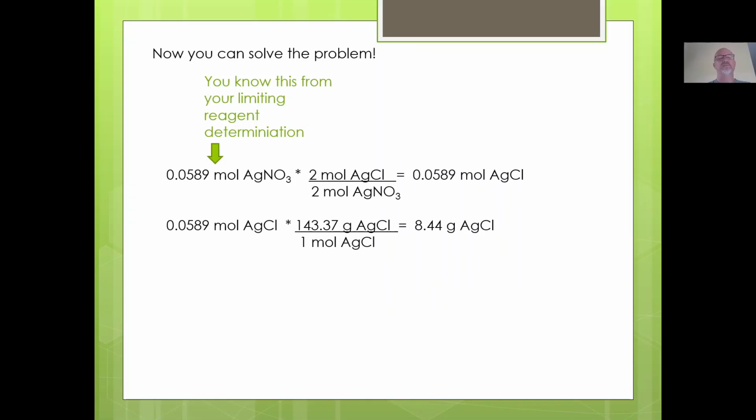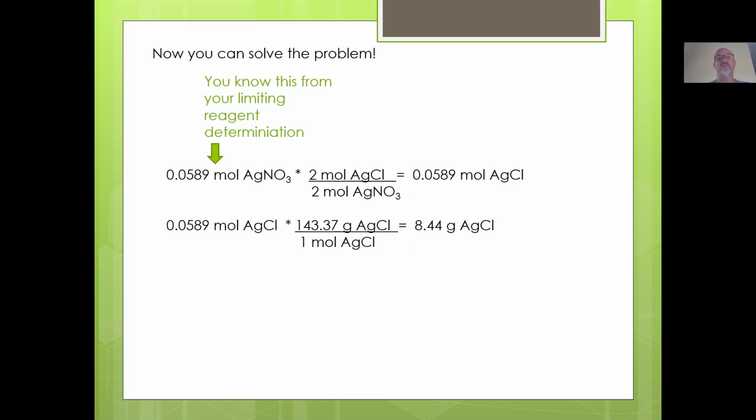That's the one I use then to figure out, well, how many grams of product will I get? So I look at the ratio. I say, okay, it's silver nitrate, so it's a 2-to-2, which means a 1-to-1 ratio in terms of moles. And then using the molar mass of silver chloride, I figure out I should get 8.44 grams of silver chloride.